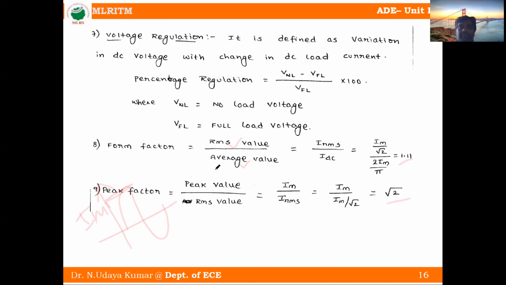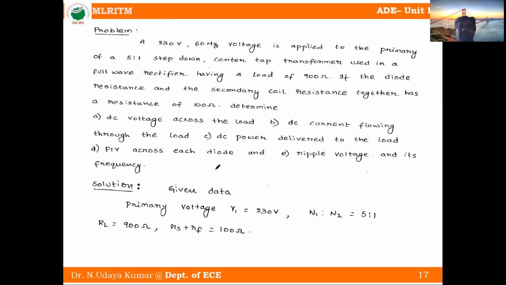Okay, so we will see one problem. A 230 volt 60 hertz voltage is applied to the primary of a 5:1 step down center tapped transformer used in a full wave rectifier having a load RL.